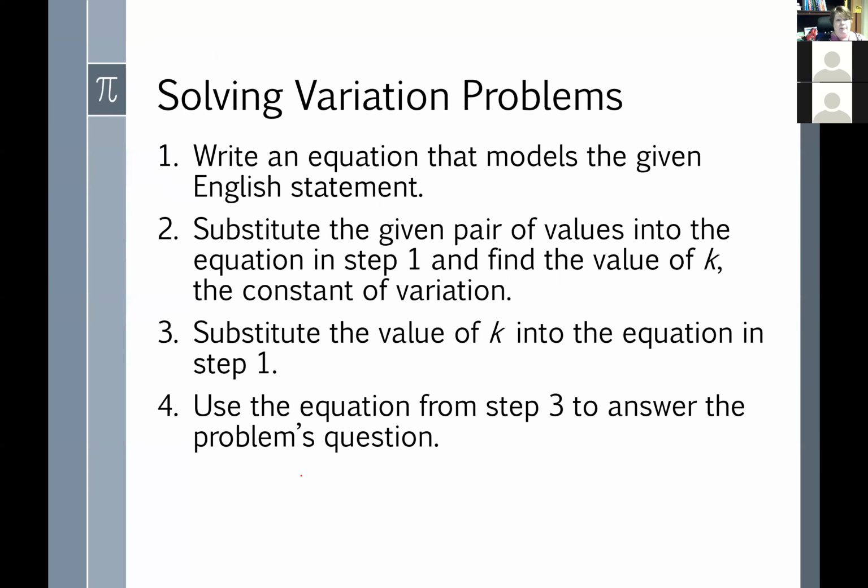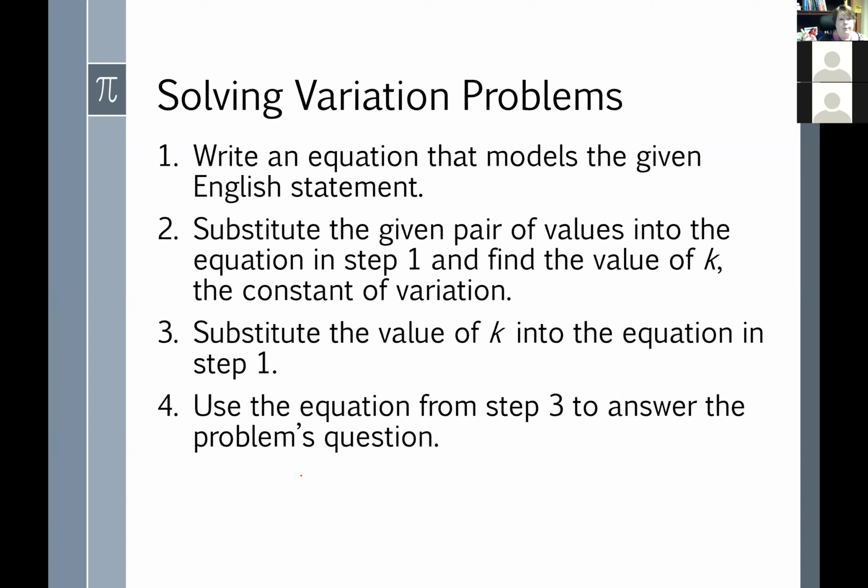So you're going to be given a word problem, and they're going to say, velocity varies directly as time, something like that. And you're going to write the equation, the variation equation. And then they're going to give you the two variable values.